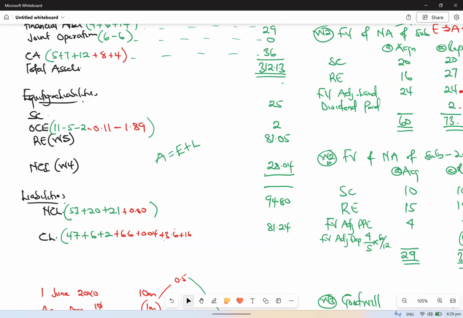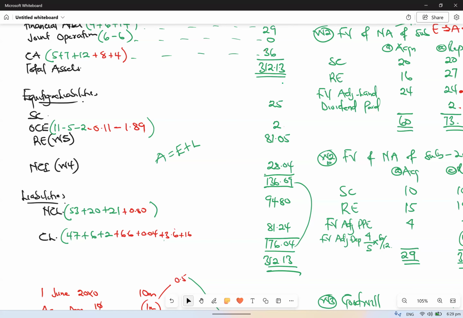So that is 25 plus 2 plus 81.05 plus 28.04. So that is 136.09. So add your liabilities, then you will do another line like this if it balances. So 176.04. Add these two for us. I think it is balancing because I see the 0.13. 312.13. 312.13. All right, so that is that.